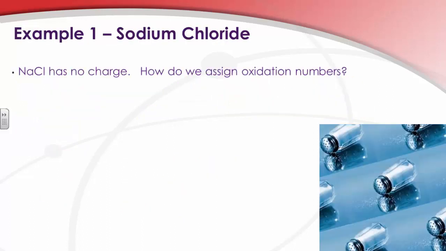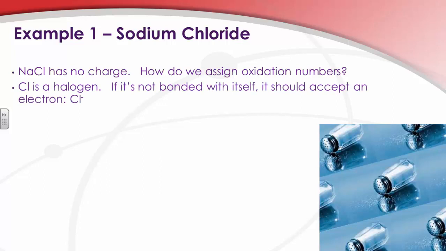Maybe let's take a couple more, maybe simpler examples. So common table salt doesn't have a charge. We have to get oxidation numbers for it. Well, we've got a halogen there. So if it's not bonding with itself, it should accept an electron and become Cl-.